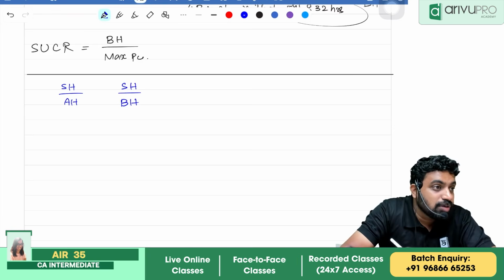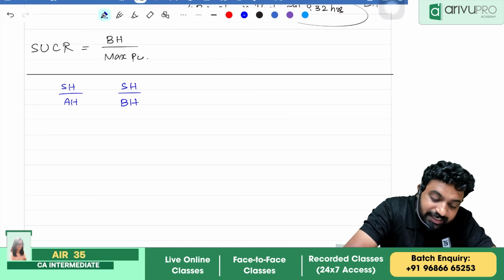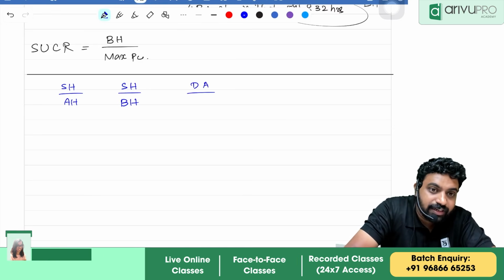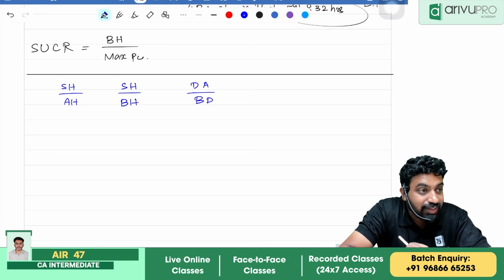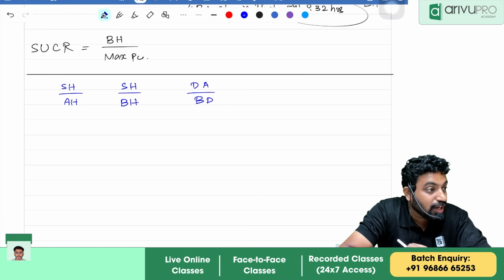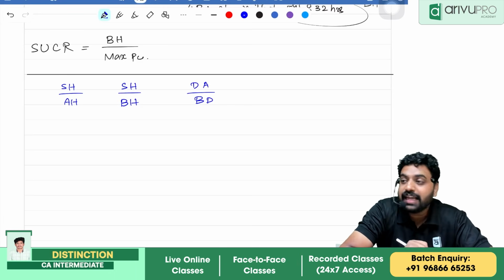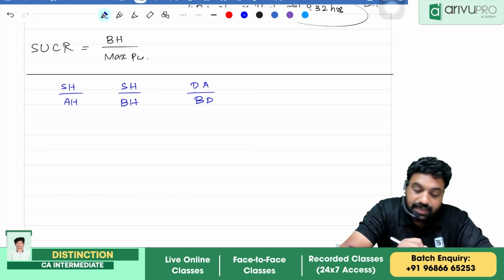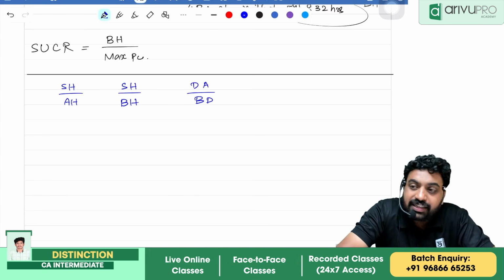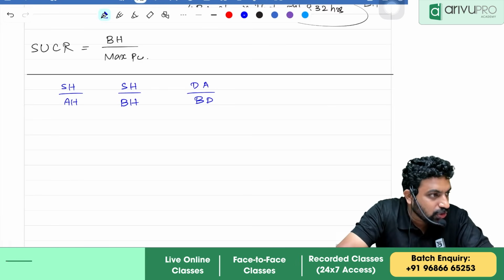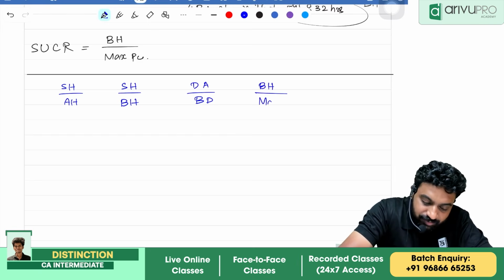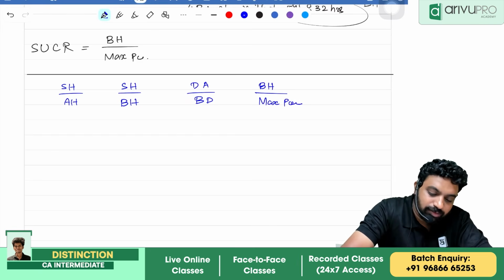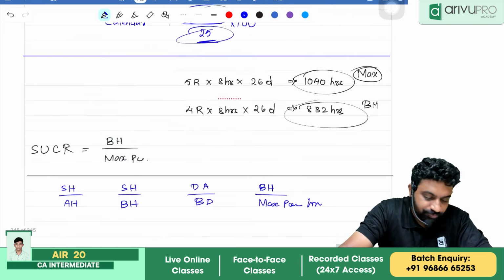And next we discussed about calendar ratio, how many days available divided by budgeted days. In yesterday's question, when the festival holiday came, where otherwise we would have worked for 20 days, because of the festival holiday 19 days, 19 by 20, like that. Got it? Then we discussed about standard usage of capacity ratio, that is nothing but budgeted hours divided by maximum possible hours. Is that clear?